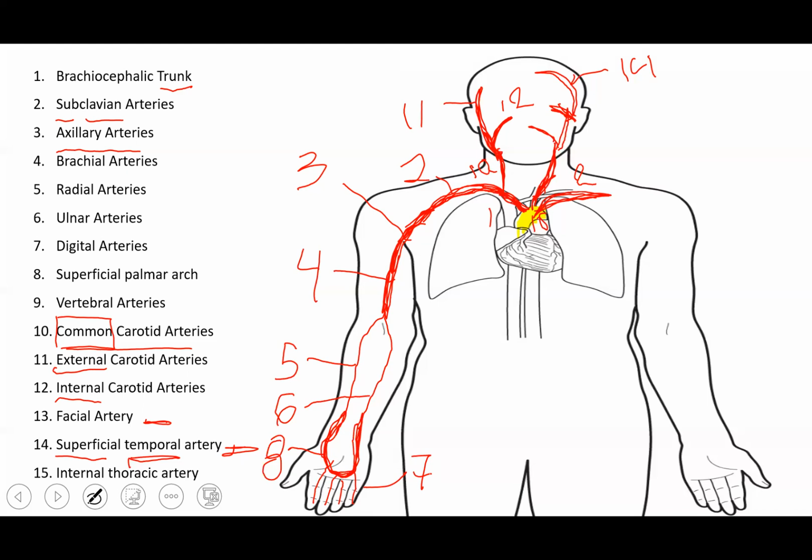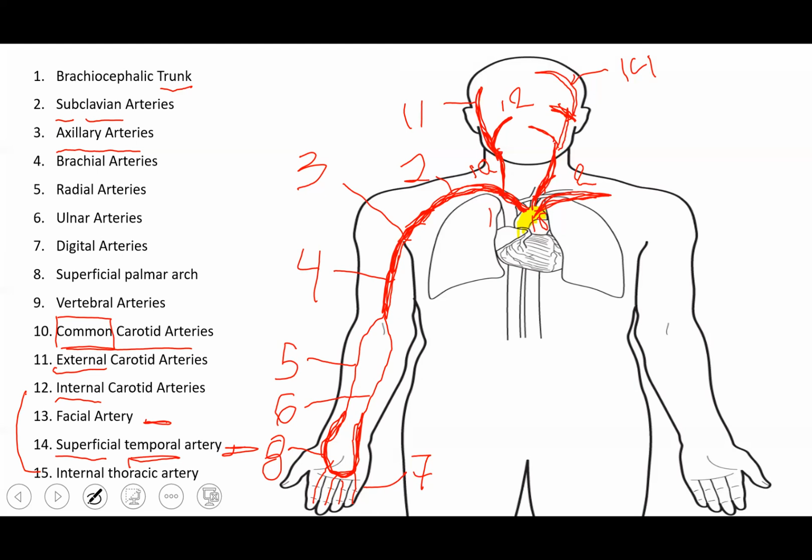There is one more artery that I want to point out, or at least mention right here, and that is number 15, the internal thoracic artery. On this diagram, the internal thoracic artery would actually be coming out of the screen towards you, and it's embedded within the anterior thoracic wall.